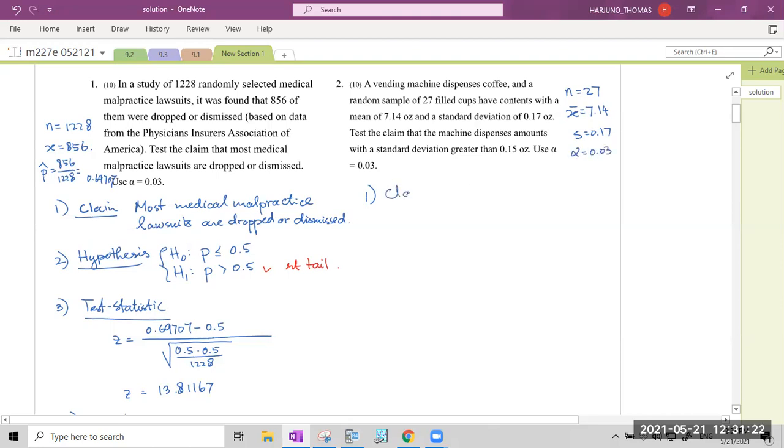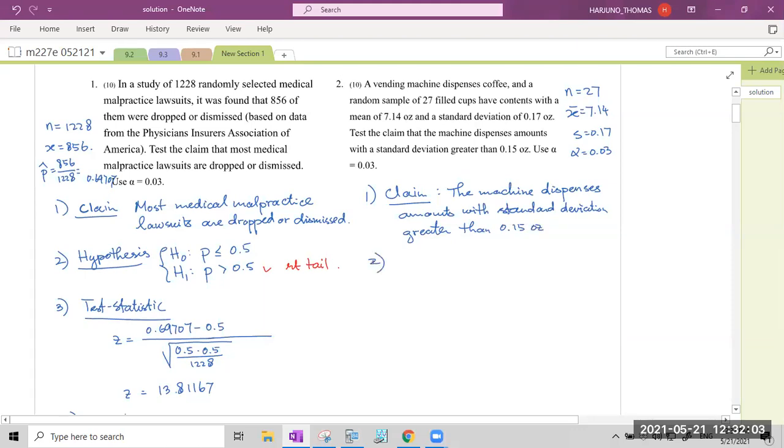So the claim, the machine dispenses amounts with standard deviation greater than 0.15 ounce.